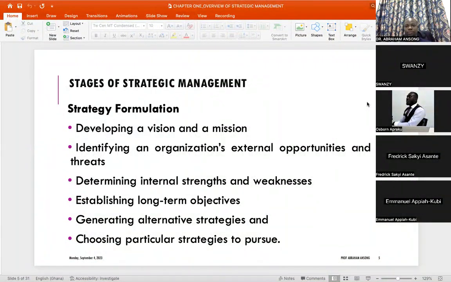What we're seeking to do in strategic management is to take advantage of opportunities that exist in our environment, the external environment. Without knowledge of these opportunities, you will not be able to take advantage of them.